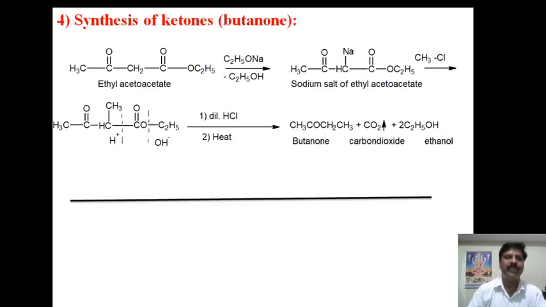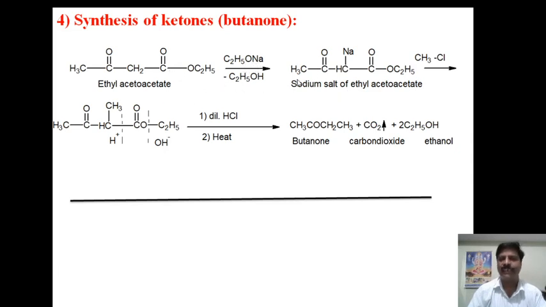Next, the fourth application is synthesis of ketones, and the one specifically mentioned in the syllabus is butanone. It can be prepared by treating ethyl acetoacetate with sodium ethoxide to form the sodium salt. It is soluble in water, in salt form, and more reactive. Therefore, we prepare it every time by treating ethyl acetoacetate with sodium ethoxide.